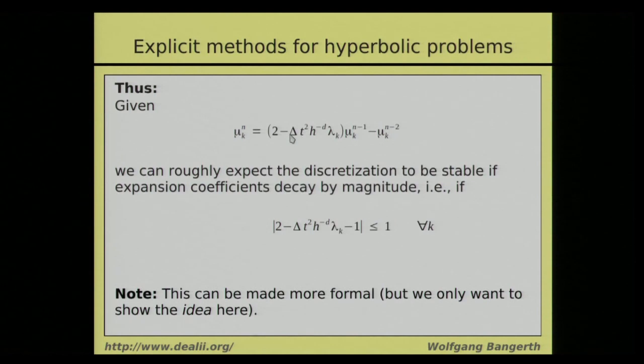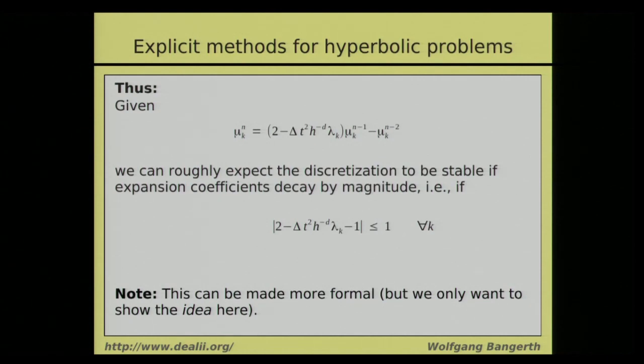Then I would get 2 times this one minus 1 times the previous expansion coefficient. And so an informal way of stating that something is stable is if this factor minus 1 is by magnitude less than 1, because then these coefficients cannot grow. I can make this more formal, but I want to give you the essential idea here.